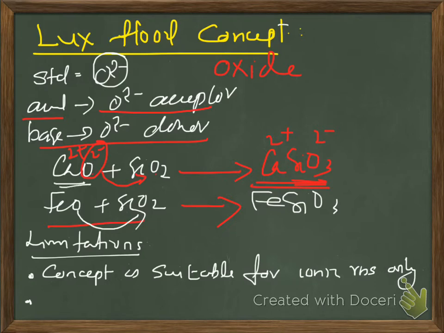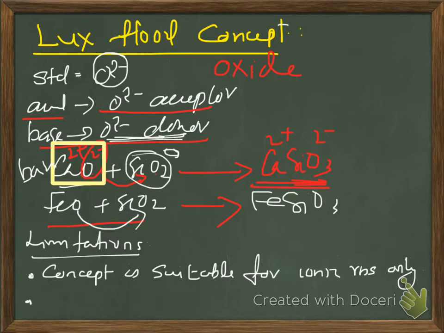Here CaO is the donor of oxide ion, so that is a base. Oxide ion donors are bases. SiO2 accepts O2 minus, so it is an O2 minus acceptor, hence SiO2 is acidic. In the same way, FeO is a base and SiO2 is an acid.